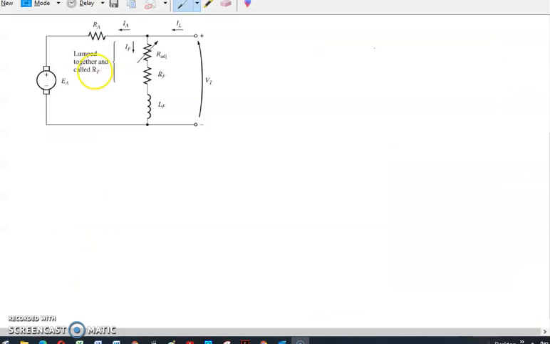Okay, next we move to DC shunt motors. So this is the DC shunt motor. Shunt means that the terminal voltage of the armature circuit and also the field circuit are the same. They share the same terminal voltage, meaning all are connected in parallel.